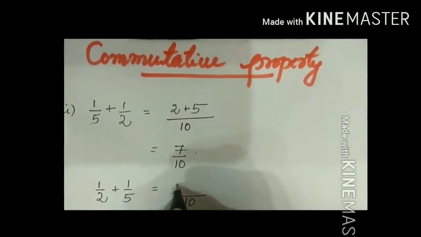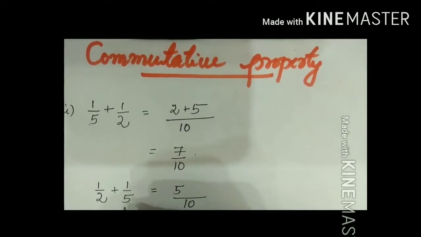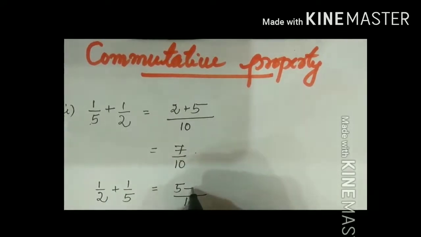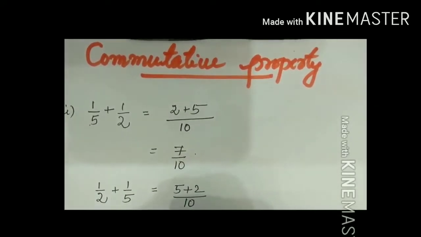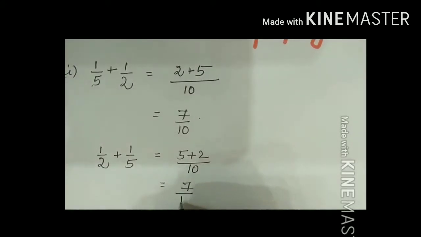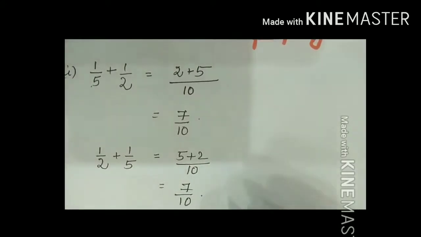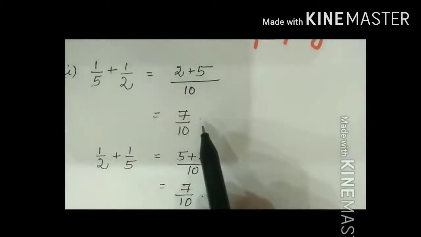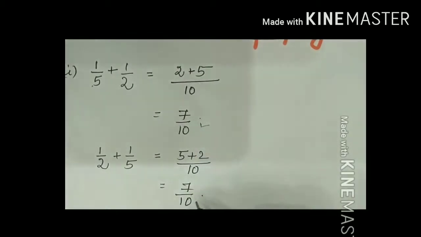So this will be 5. 5 2s are 10, then 2 5s are 10, again 2. Which is equal to 7 by 10. So look at the result. It is 7 by 10 here. Here also it is 7 by 10.